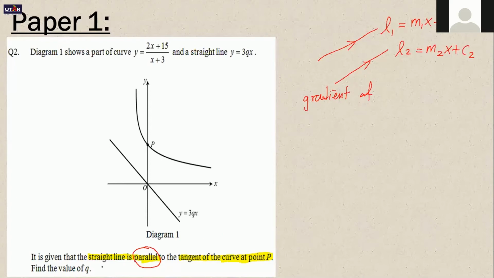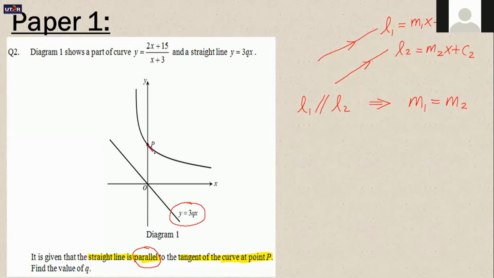When you say parallel, it means they have the same gradient. So L1 parallel with L2 means gradient 1 is equal to gradient 2. The slope of the line will be the same. So the slope of this straight line will be the same as the tangent line.